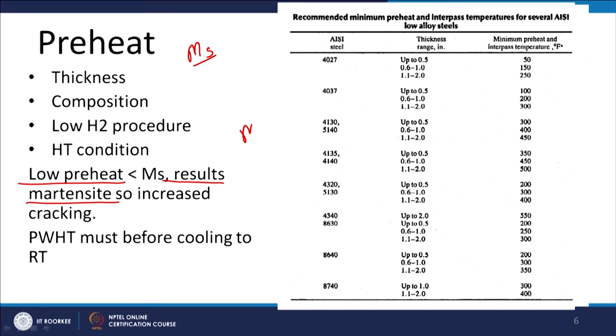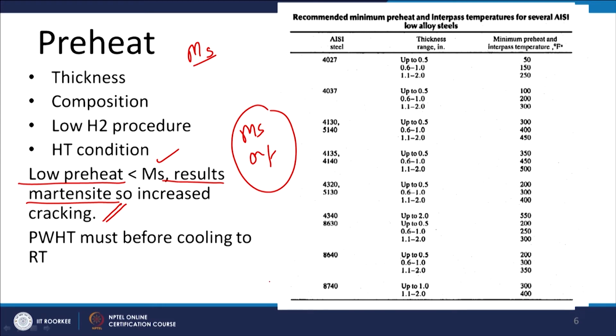We know that MS and MF temperature will be a function of the composition. So, as per the type of the steel to be welded, we need to use the suitable preheat temperature. When the preheat temperature is lower than the MS temperature, the martensite formation will lead to increased cracking tendency.